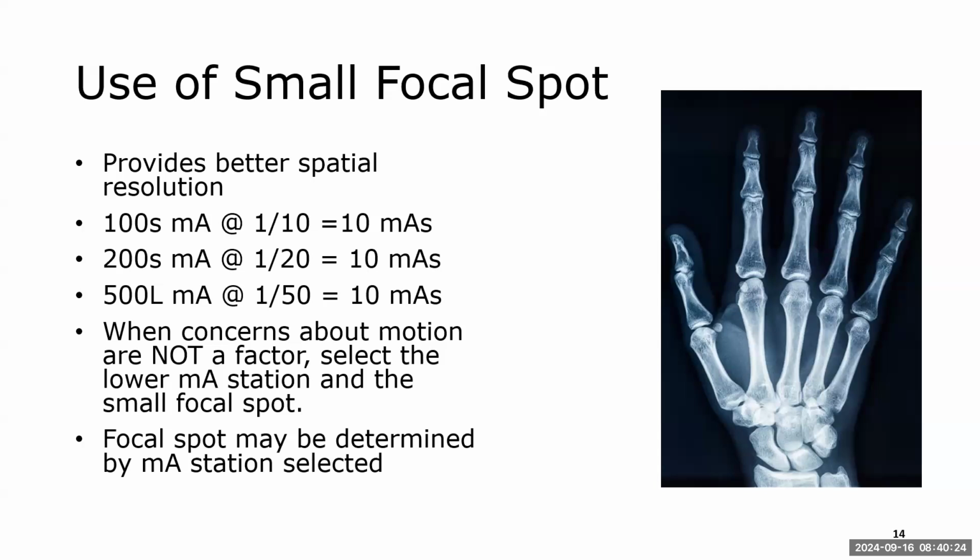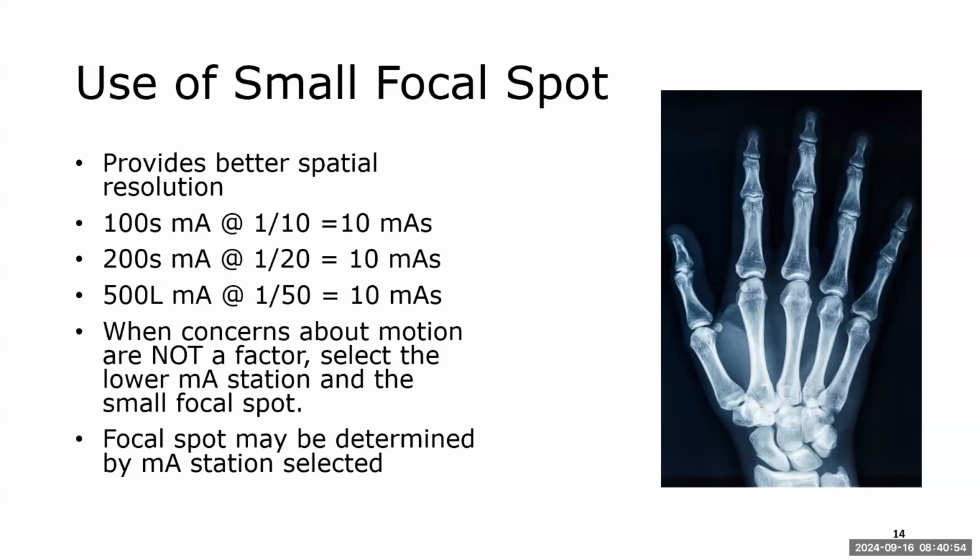Does that make sense? So with our equipment, you don't really have to worry about it because you can just select large or small. You don't know what MA station's being used because that's all happening in the background. So this really isn't an issue with the equipment that we have, but when you go to clinic, there's 20 different clinic sites and all of the equipment may be different.